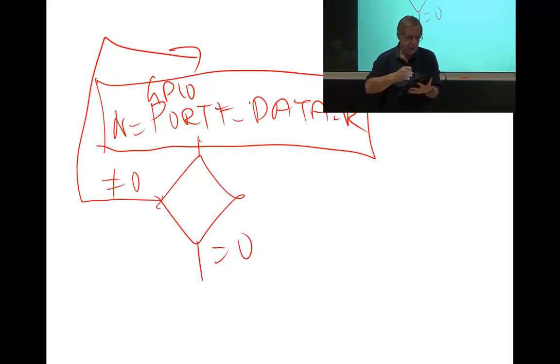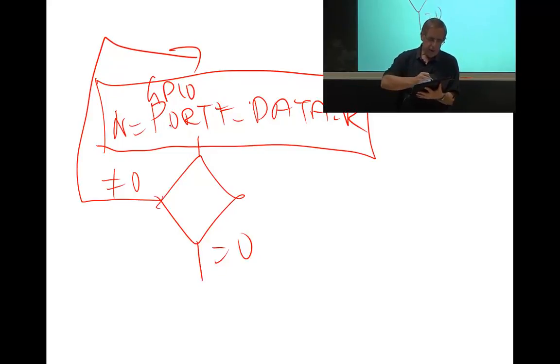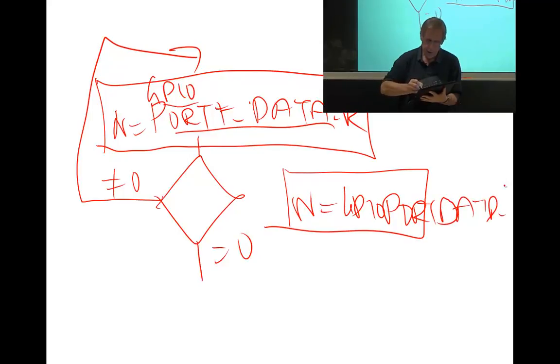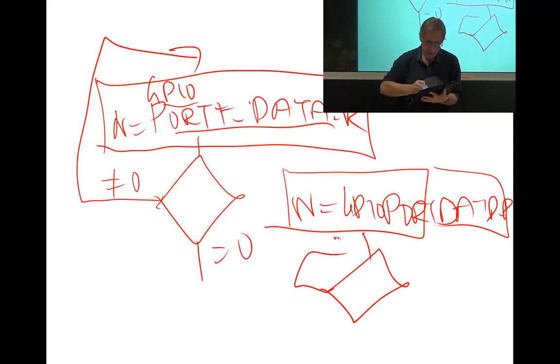So if I do this sort of thing without calling this volatile, what the compiler will do is optimize this into this statement. It'll only do it once and assume the value in n is the same and take it out, which is clearly not what you intended.